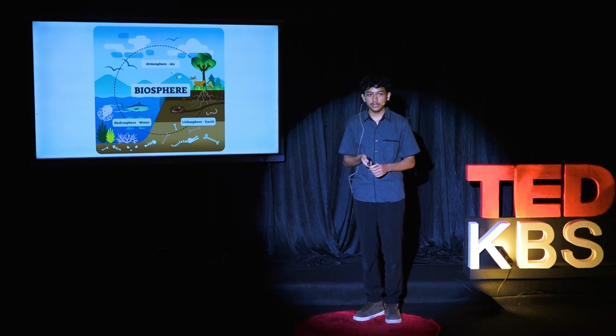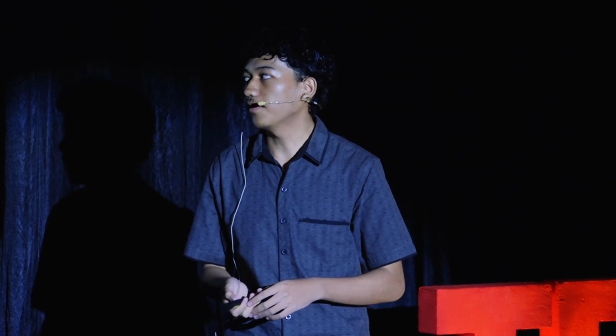Each of these spheres interacts with the other ones and influences one another. So if we have a problem in one of the spheres, it can definitely affect the other ones.